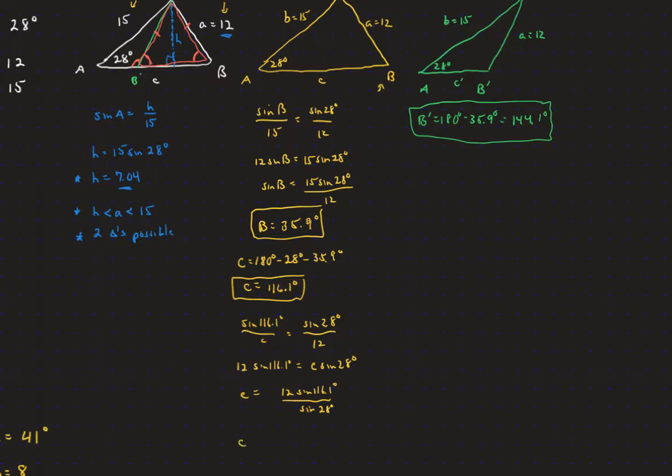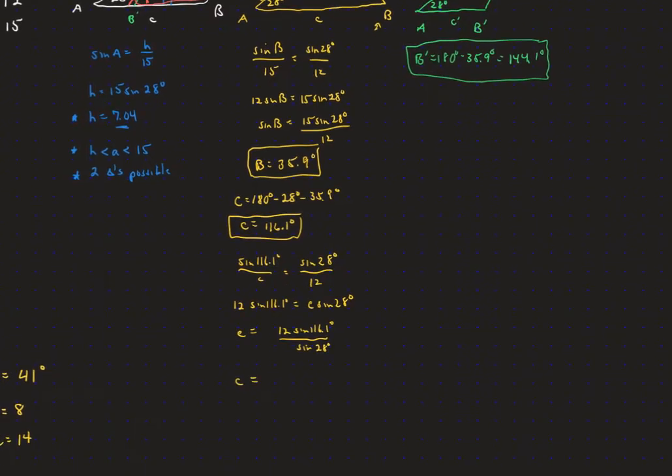I'm going to put that into my calculator. 12 sine of 116.1 divided by the sine of 28, and that looks like 22.95. I'm going to call it 23.0. So we have solved that first possible triangle because we have found the other two angles and the third side.